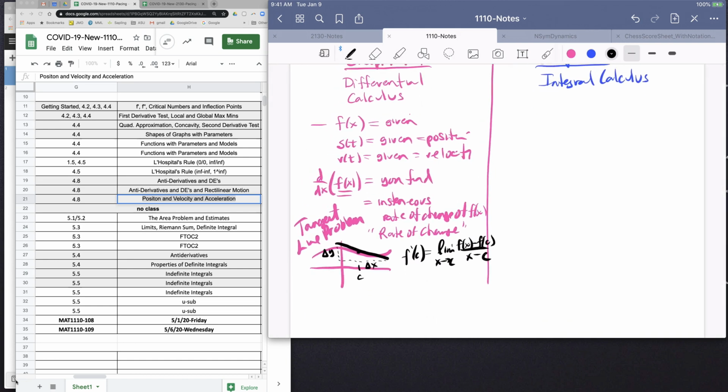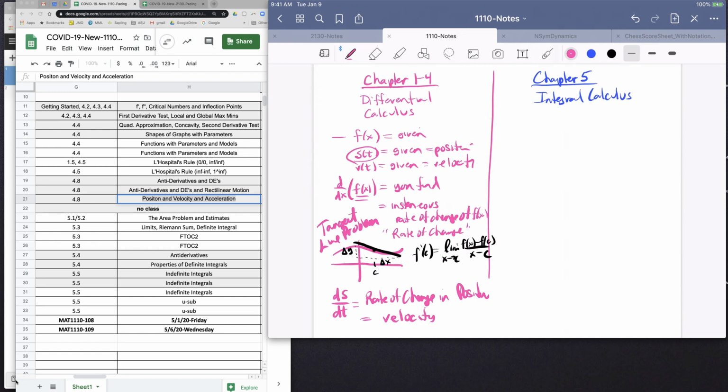And we know that in the context of not just any general function that you've been given, f of x, but maybe the derivative of the position function with respect to t is the rate of change in the position function. And we've got that in terms of this idea called the velocity.